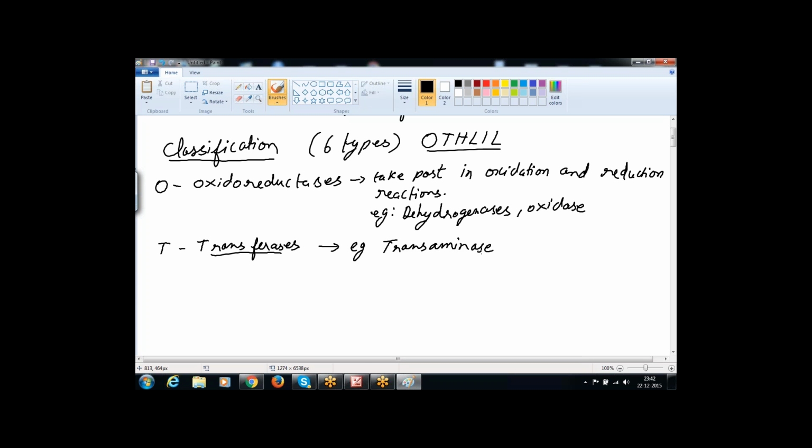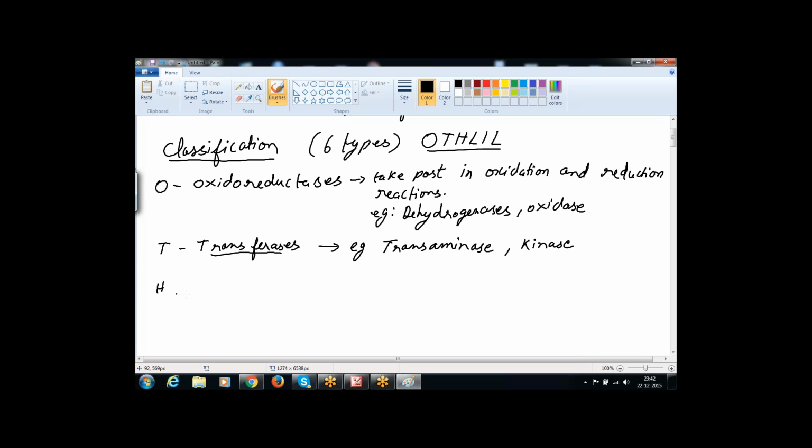We have just done protein metabolism. Even kinase is a transferase because it is transferring the phosphate from ATP to whichever compound. For example, glucose becomes glucose 6-phosphate. So the phosphate is being transferred from ATP to the glucose. Remember, all the ATP reactions will be kinase. So it is a transferase which is transferring the phosphate group. Transaminase was transferring the amino group.